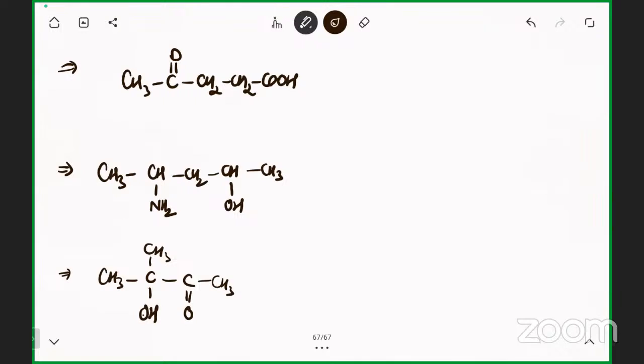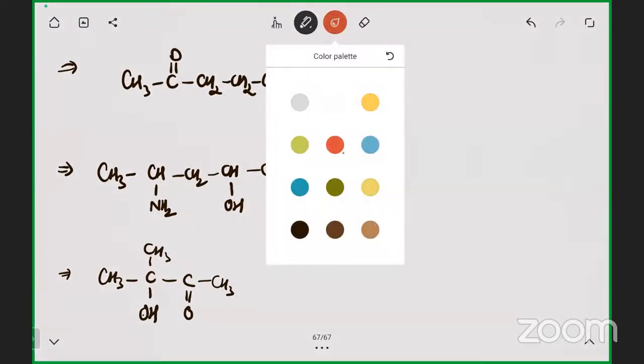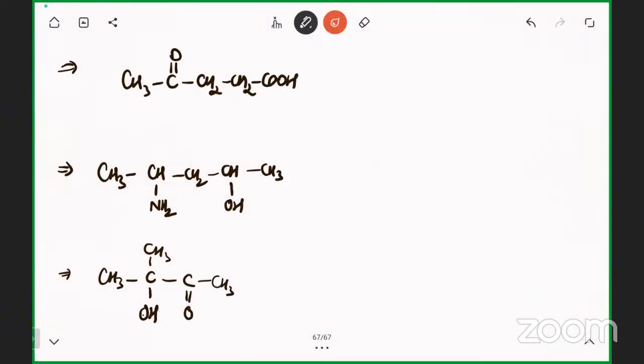Yes, done. Okay, let's start with the first one. Name, anyone? Just tell me which groups are present. One is carboxylic acid and one is ketone. The name should be done from the side of the functional group having the higher priority.